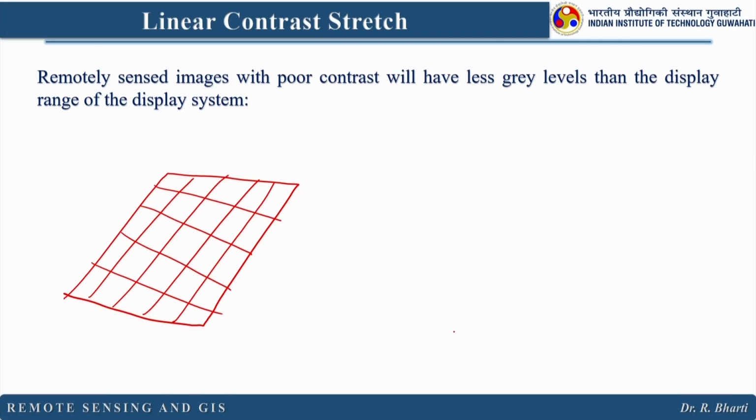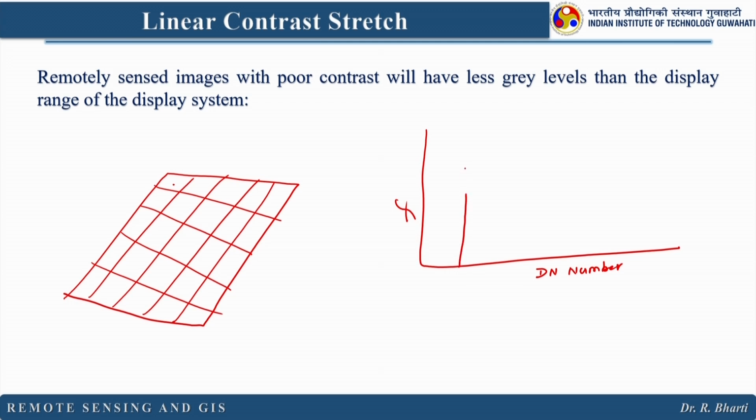For this matrix we can easily generate a histogram. Here the axis is DN numbers and this is the frequency. There may be certain unique numbers, and this is the histogram distribution.